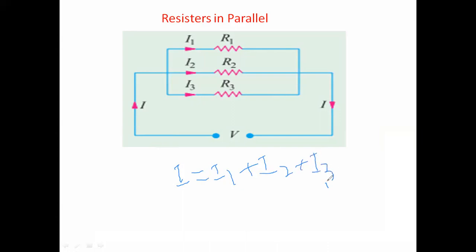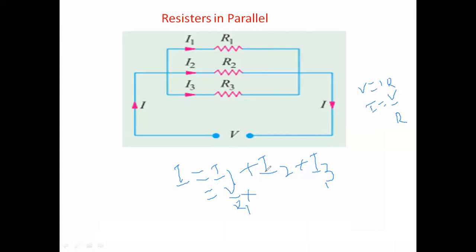What is I1? From Ohm's law, V is equal to IR, whereas I is equal to V by R. In this case, R is R1 and V is the applied voltage. So I1 is nothing but V by R1.